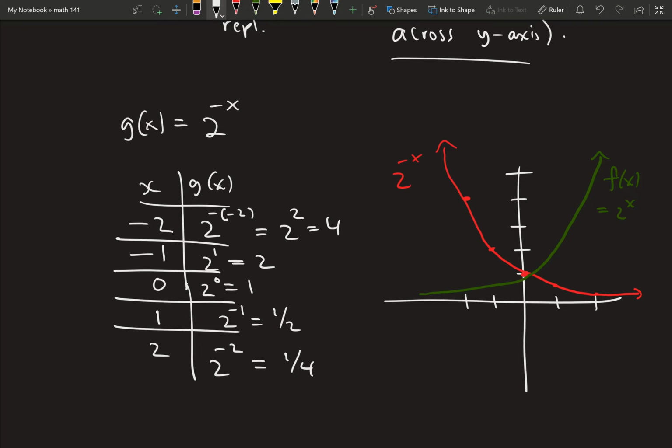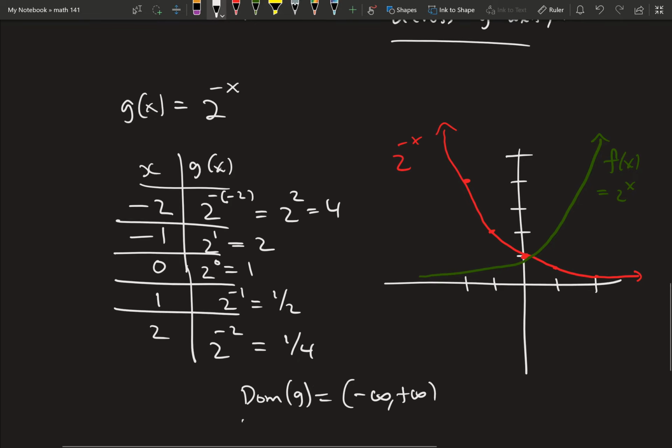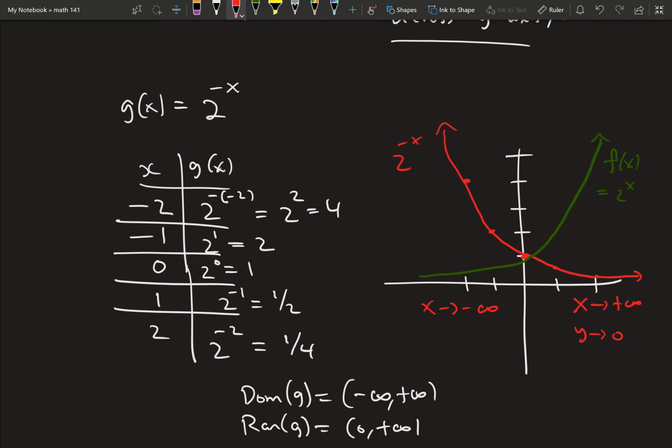And here again, the domain of g is still all real numbers. The range of g is still everything above 0. But now, for g, as x goes to positive infinity, y goes to 0. And as x goes to negative infinity, y goes to positive infinity.